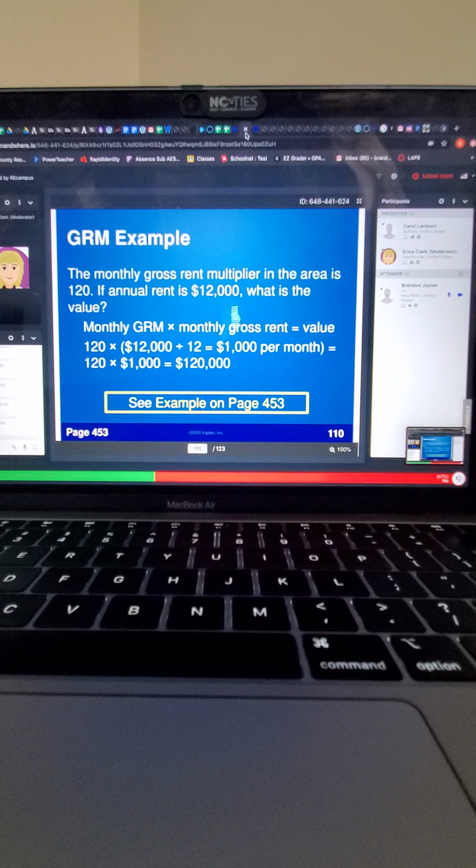Keisha, the problem is your gross rent multiplier is 115, and you want $1,500 a month income. What should you pay for the property? And to calculate that, you multiply income times the gross rent multiplier.